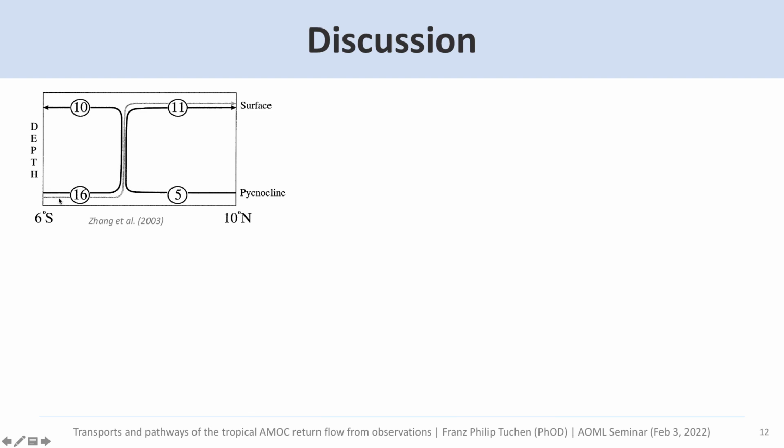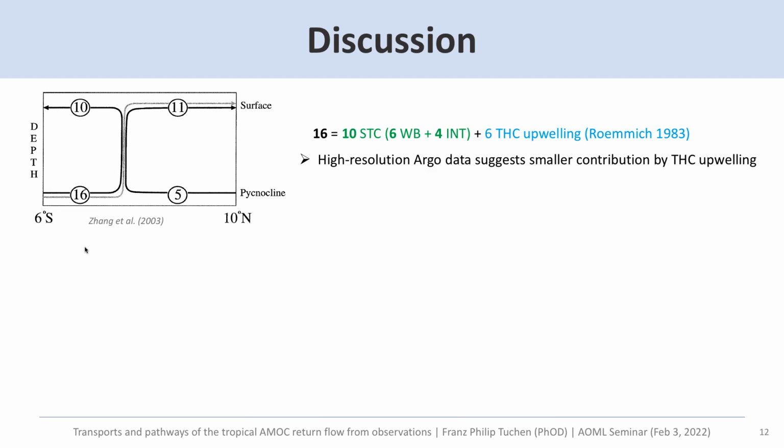And these 16 Sverdrups that you can see at this point here, what they did was they estimated 10 Sverdrups due to the STC, so 6 from the western boundary, 4 from the interior part, and then they added these 6 Sverdrups, which were mentioned by Römmich. Just because Römmich published these numbers, we are now basically questioning this upwelling estimate by Römmich.